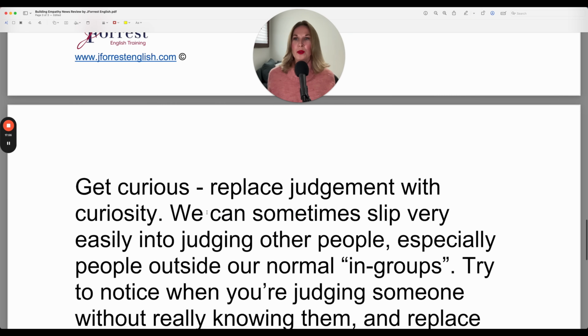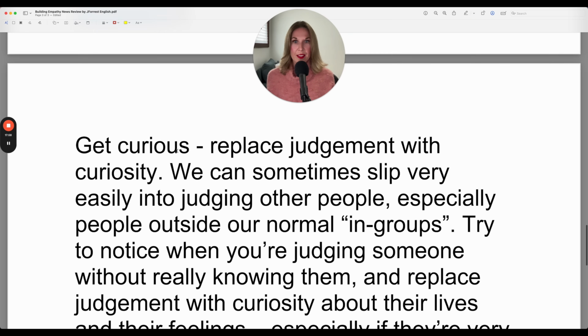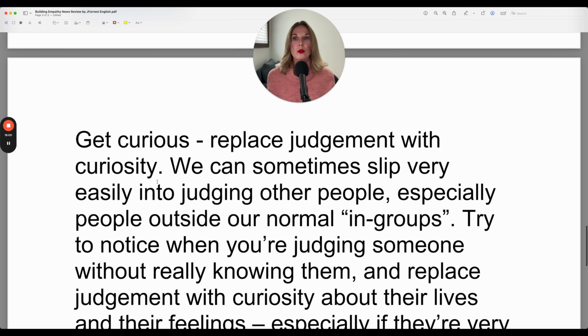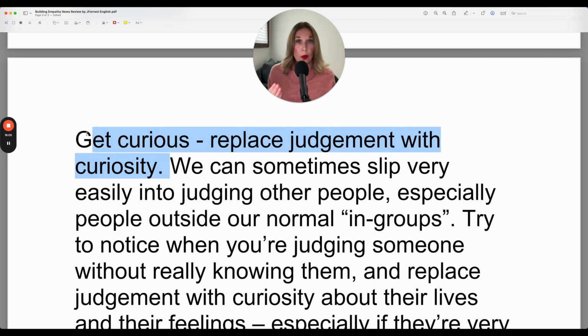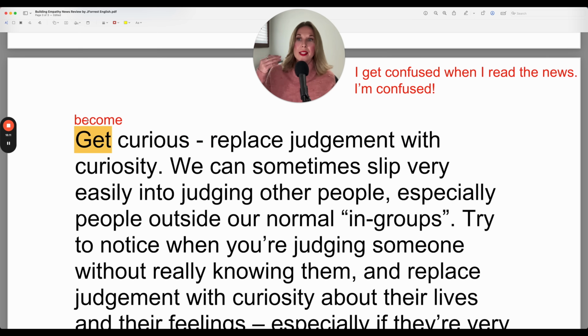Let's continue. Get curious. Replace judgment with curiosity. So this is the next thing that you can do, or perhaps you should do, to build empathy. Remember that get means become. So it's from that transition from not curious to curious. And notice the verb tense. What verb tense is this?